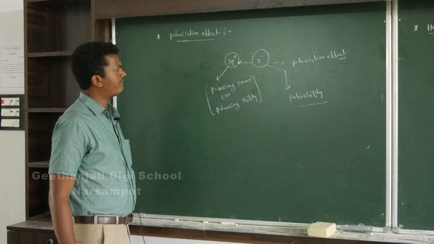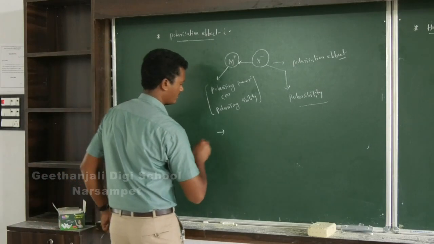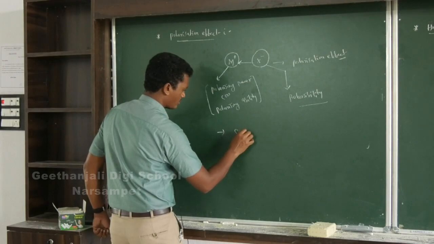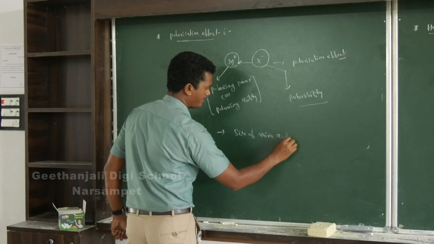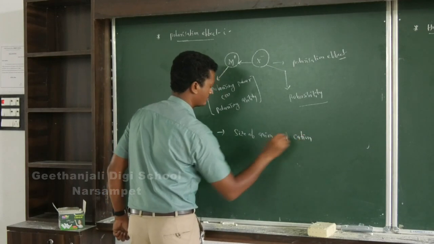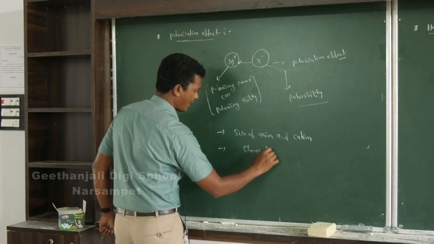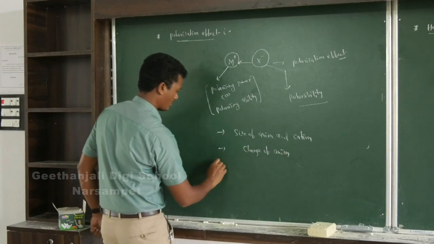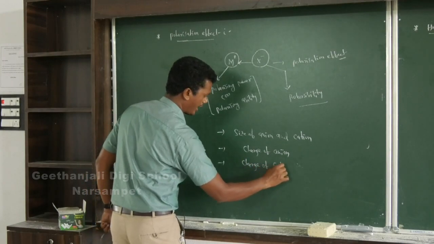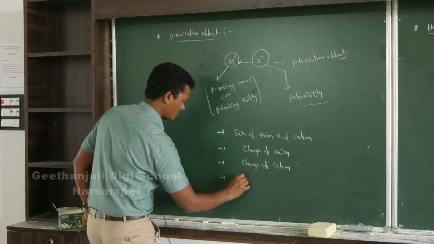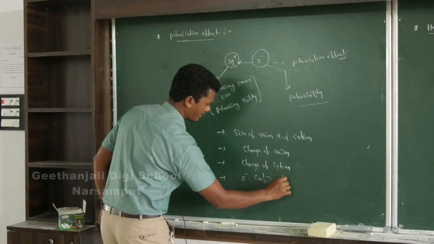This polarization effect mainly depends on number one, size of anion and cation, charge of anion, charge of cation, and the fourth factor is electronic configuration.